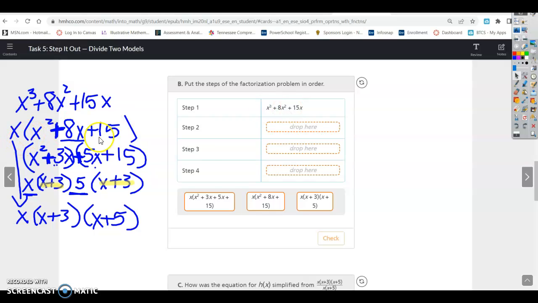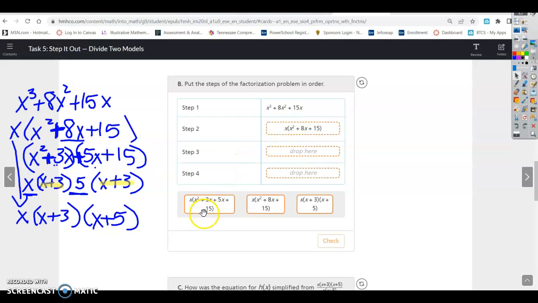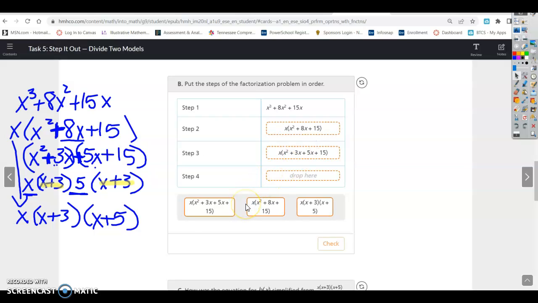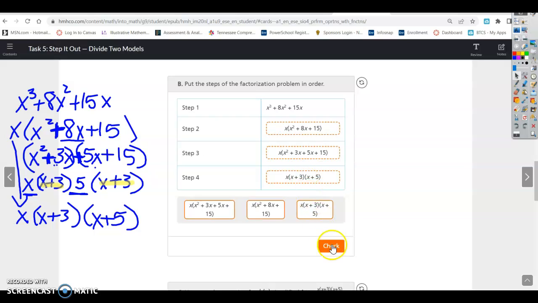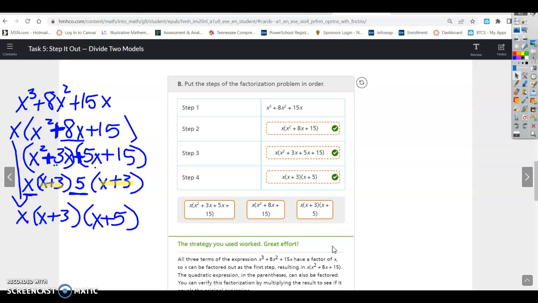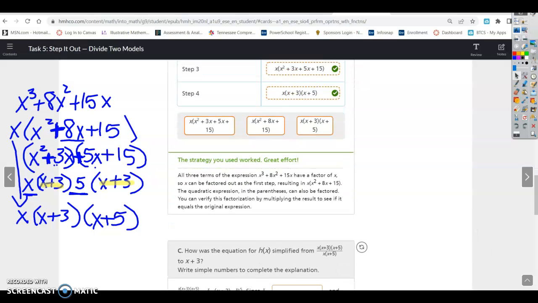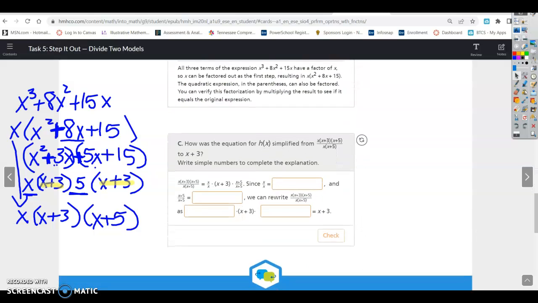First, we factored out an x. The next step was we rewrote the middle term as 3 and 5. And then they skipped the next step and went straight to the factored form. That's just showing how they factored that expression.